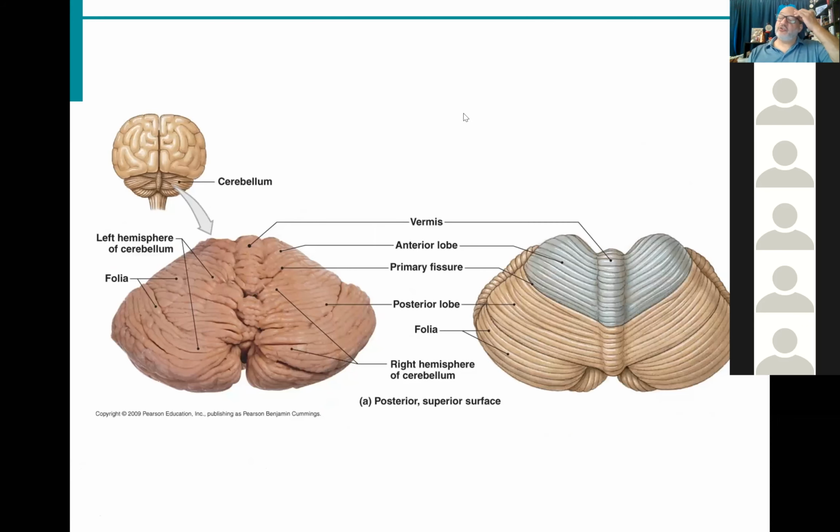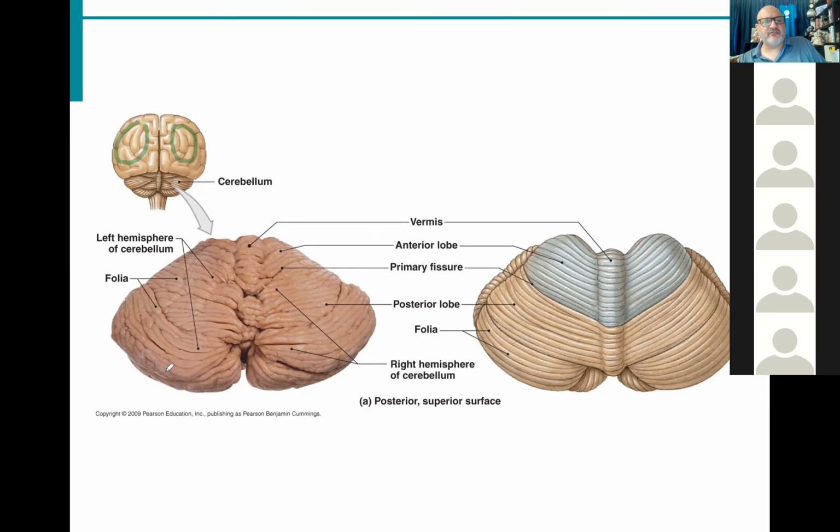What we didn't talk too much about is some of the gross anatomy. Here in an intact cerebellum, here we see an actual cerebellum, and here we see an illustration of it. It always reminds me of a pound of ground beef that you get when you go to the market. We can see those folia, we can see those sulci, and we can see, like the cerebrum, there are two hemispheres.